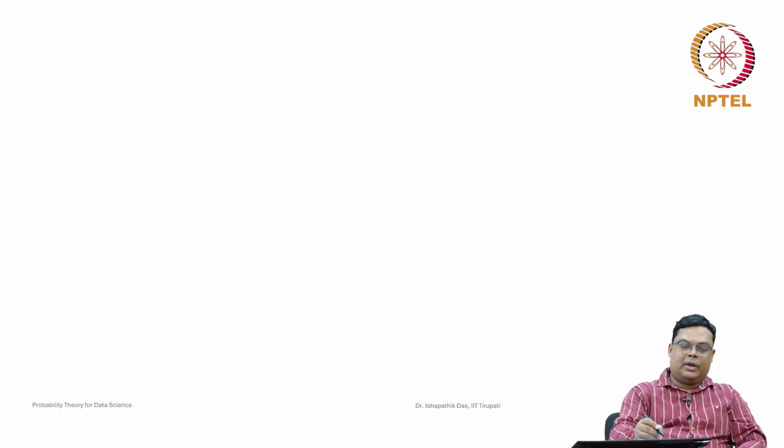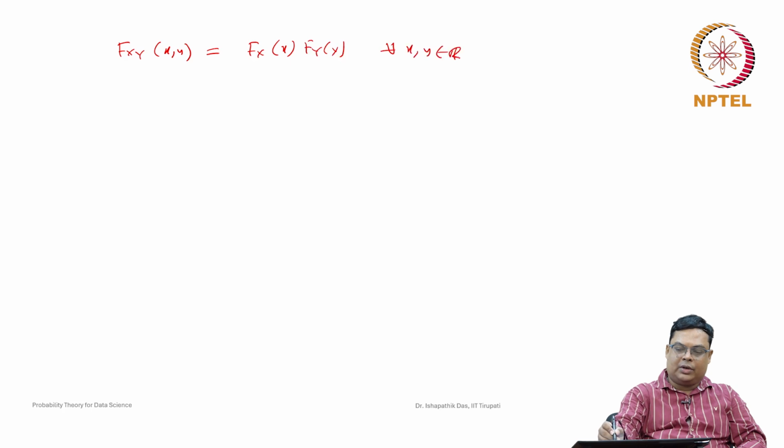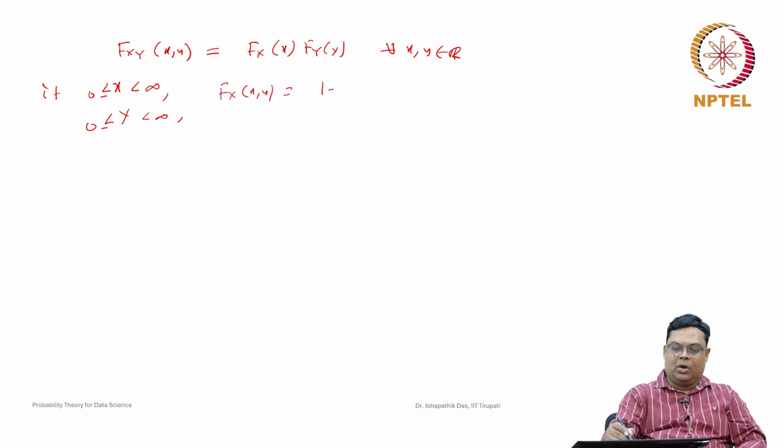You have to show that F_XY(x, y) is equal to F_X(x) times F_Y(y) for all (x, y) belonging to the real numbers. So, if x is positive and y is also positive, then F_XY(x, y) is nothing but (1 minus e to the power of minus alpha x) times (1 minus e to the power of minus beta y), which is nothing but F_X(x) into F_Y(y).